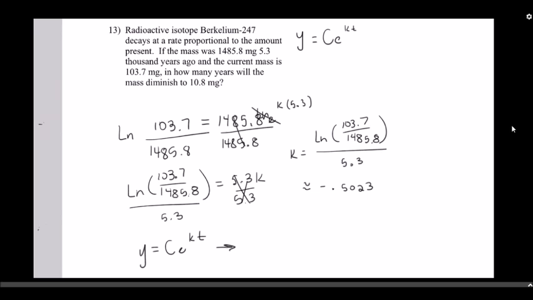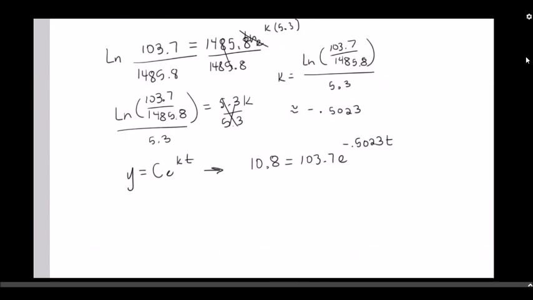So 10.8 is going to be the future amount if we start with 103.7 and use our new relative growth rate of negative 0.5023, and we're solving for how long it's going to take, so we're solving for time.